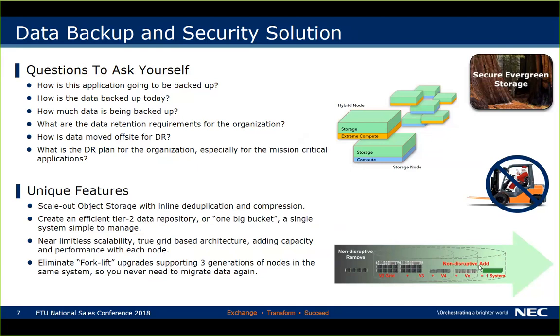It's also very seamless to add a new node to the grid and retire an old node. It's just a simple button you push in the HydroStore GUI, and it moves that data into the rest of the grid, and now you have the latest and greatest in there, and you have 3 generations all in one architecture. Any questions on this technology so far?